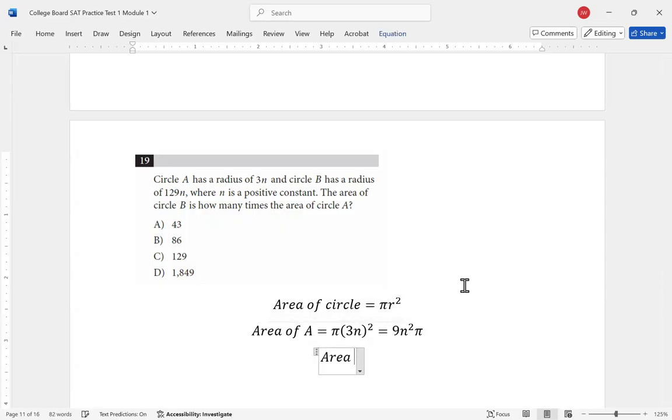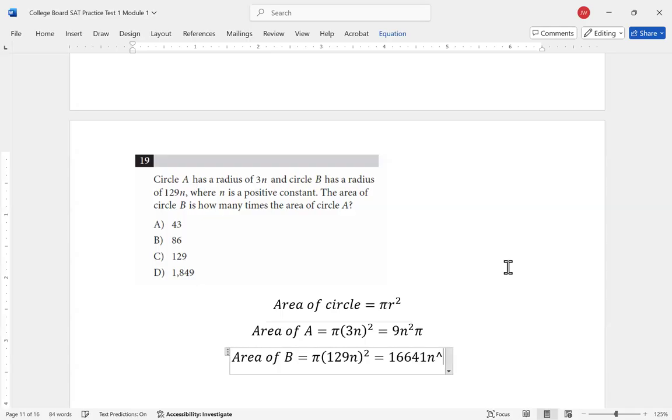The area of B is going to be pi times the radius squared, but the radius is 129 times n. If you square 129, you end up with 16,641.